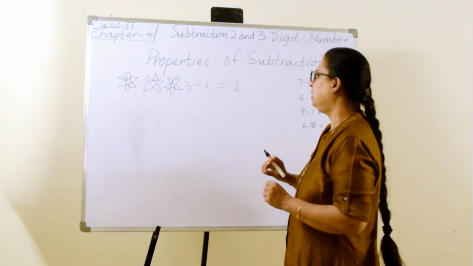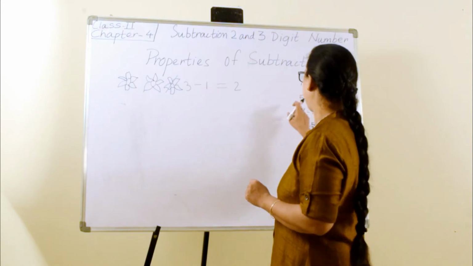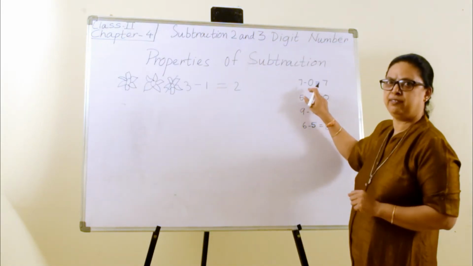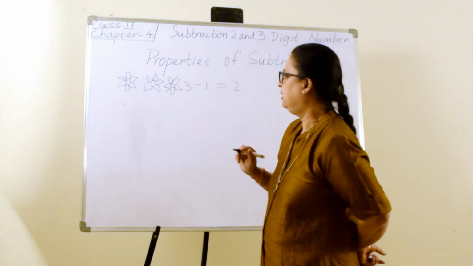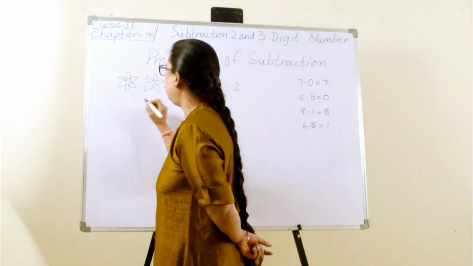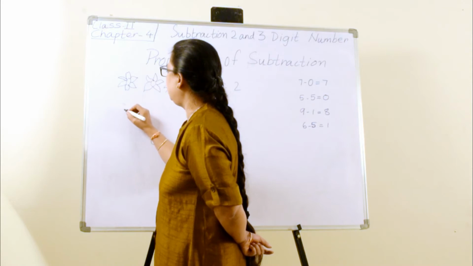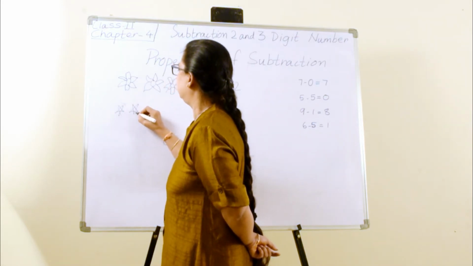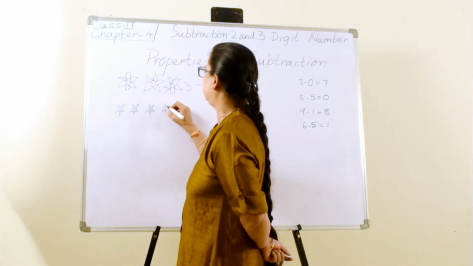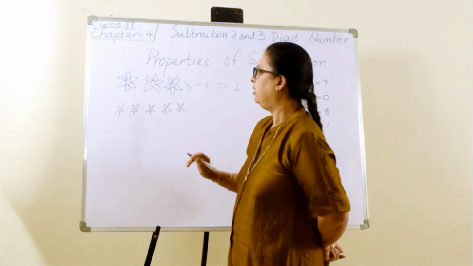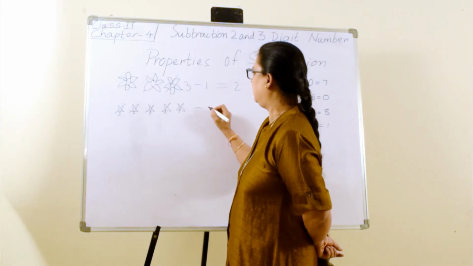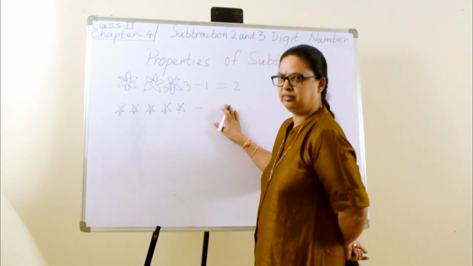Now let us learn about a few facts. For example, 7 minus 0 is equal to 7. Whenever we take any number, for example, let's take another number like 5, minus 0. 0 means nothing.